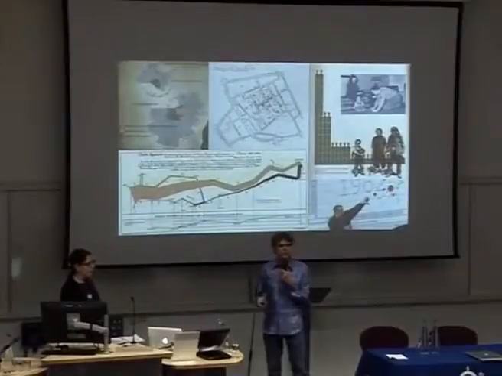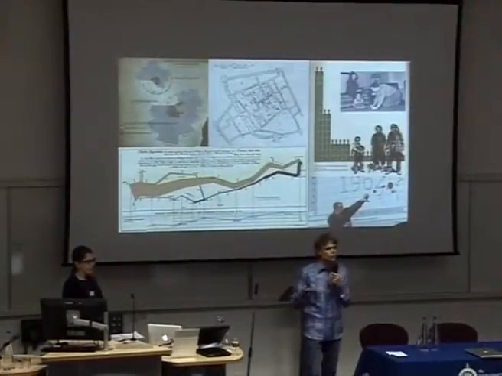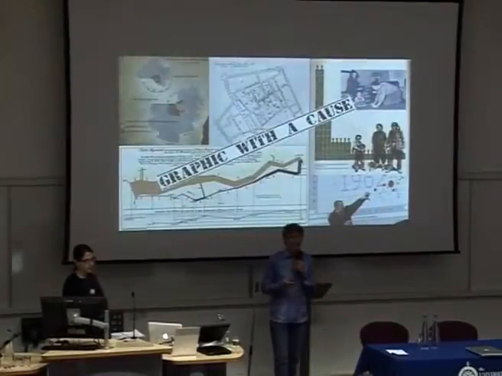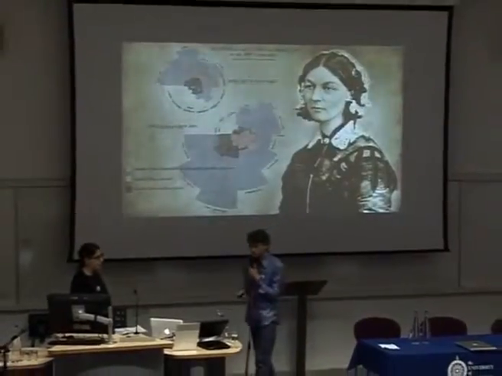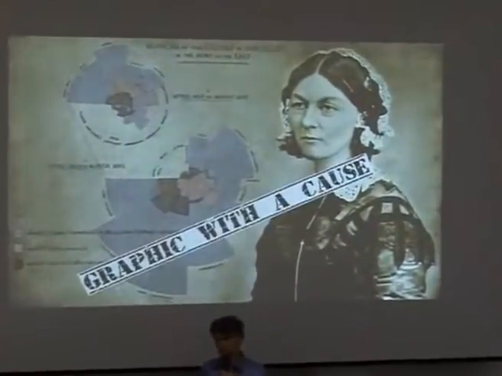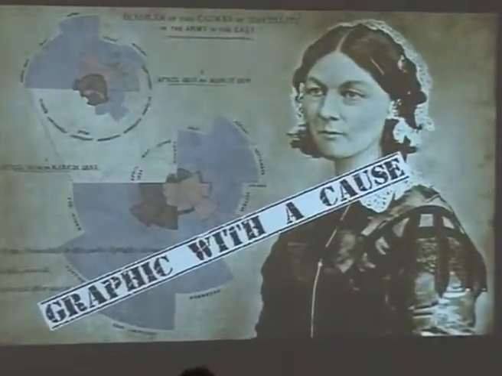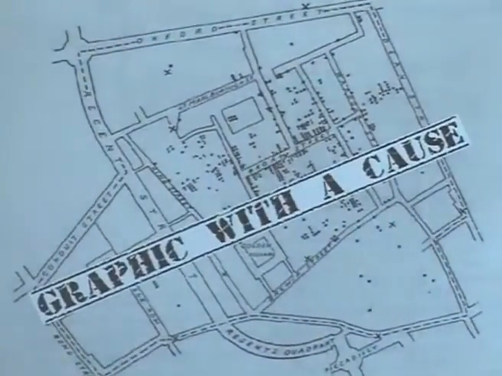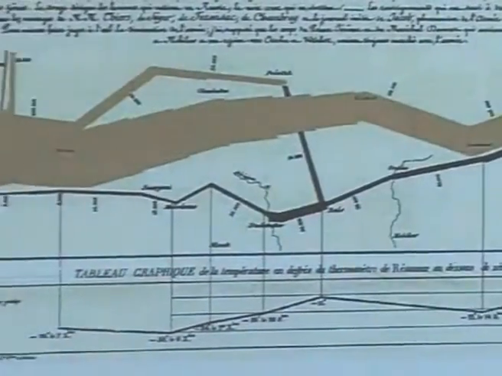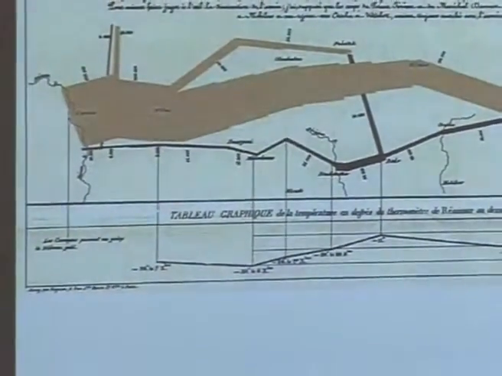We'd say that most of those are graphics with a cause in the sense that we just defined. Nightingale's rose is about preventable disease. So is Snow's cholera map. The Napoleon March to Moscow has been called an anti-war pamphlet.